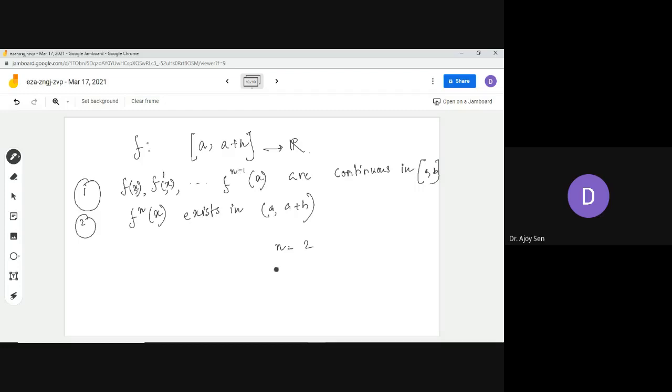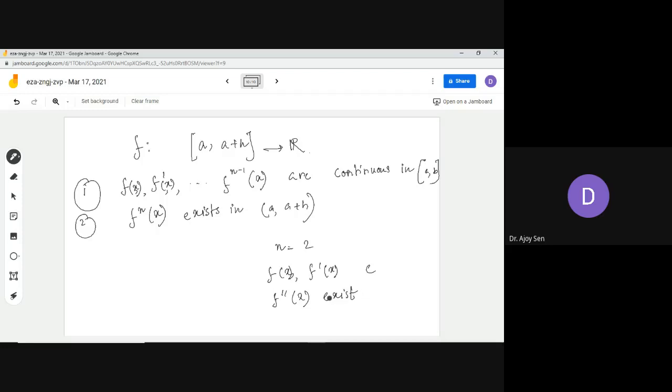That means f x and f dash x, these two things are continuous, and f2, that means f double dash x, exists.